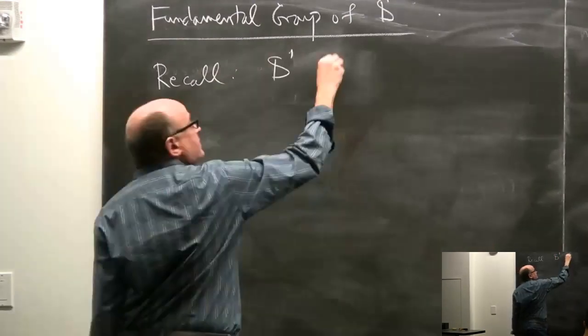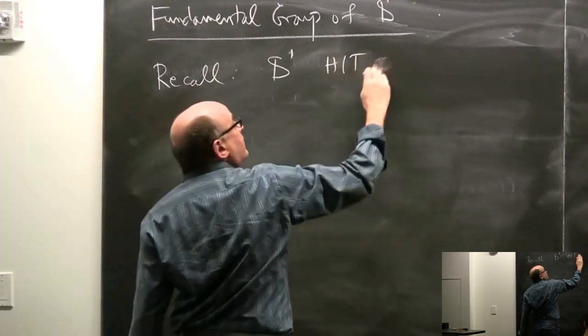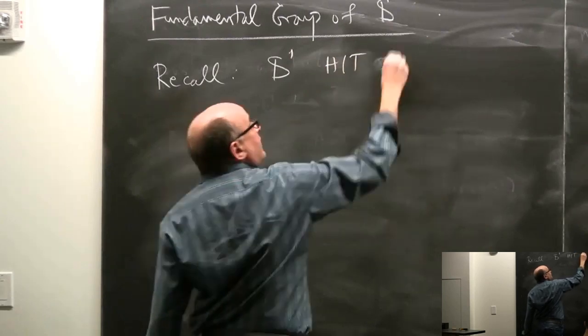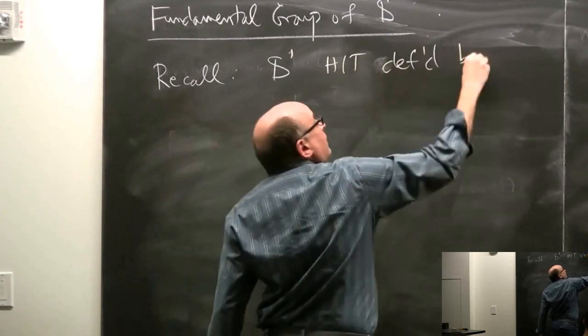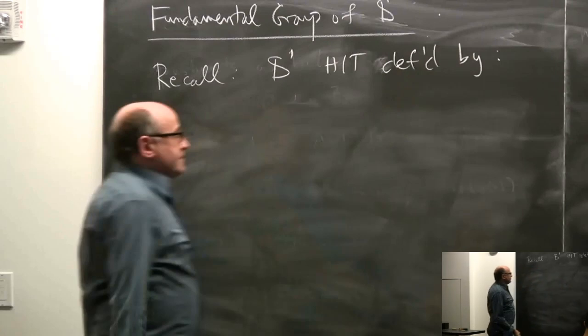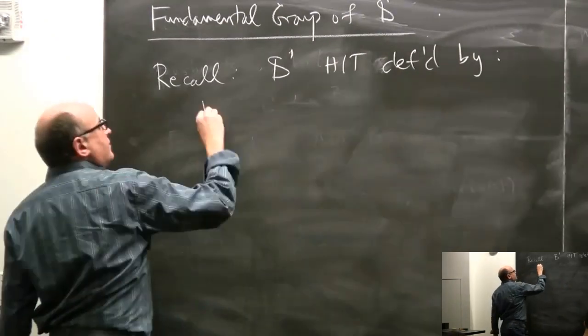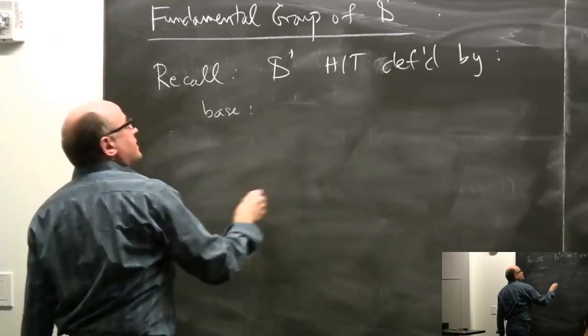Recall S1 is a higher inductive type defined by, it could be thought of as a suspension of 2. We've already discussed that, but let me just remind ourselves. We'll just do it by hand.